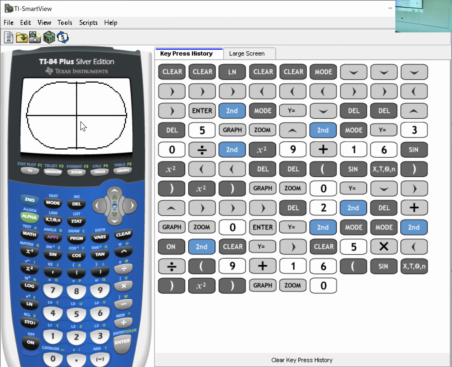Funny looking ellipse. Well, that's the best the calculator can do.